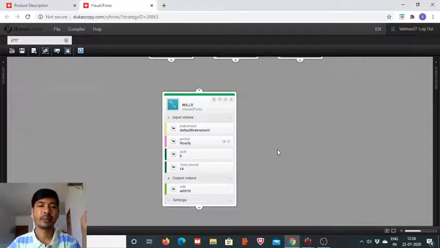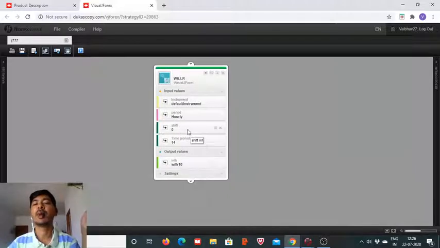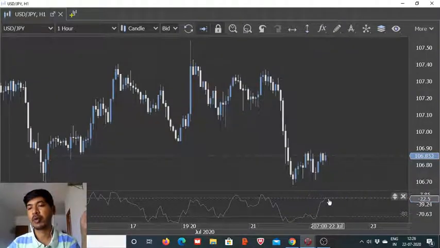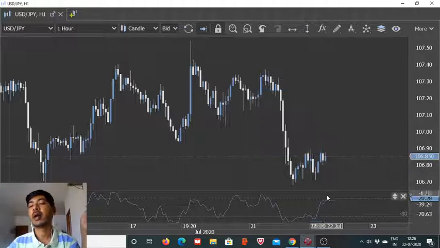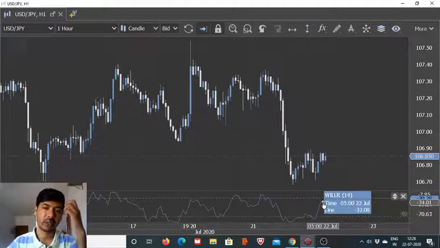Now, coming to the next parameter, the shift. Shift is the look back period. If you are using 0, then the current hour's Williams R value will be taken into account. If you are using shift 1, then the last hour's Williams R value output will be taken into consideration.